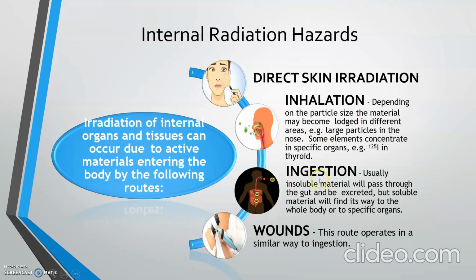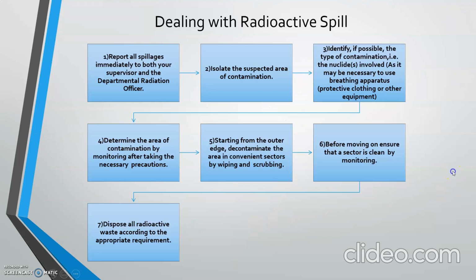Second, ingestion; usually insoluble material will pass through the gut and be excreted, but soluble material will find its way to the whole body or to specific organs. And last one is wounds. This route operates in a similar way to ingestion. This results in irradiation of internal organs and tissue due to this exposure.